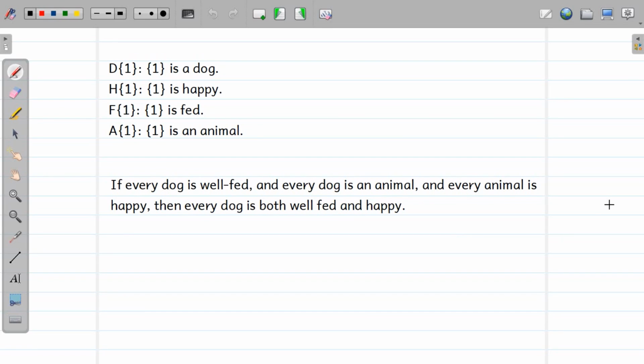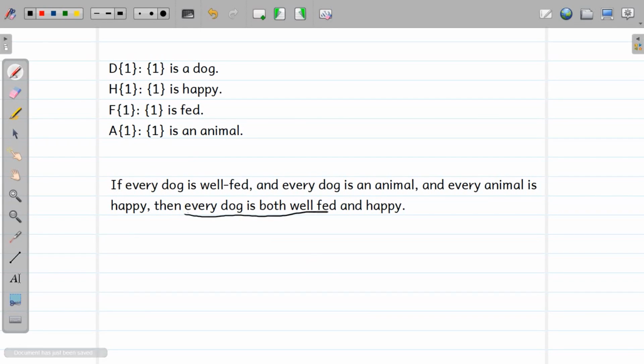Okay, if every dog is well fed, and every dog is an animal, and every animal is happy, then every dog is both well fed and happy. Ugh. Gross. All right. So we've got a big funky conditional here. I think that's what we're looking at, right? If all this stuff, then all this stuff.